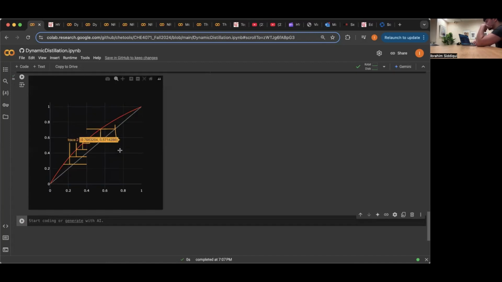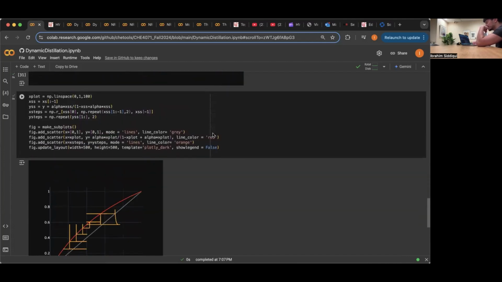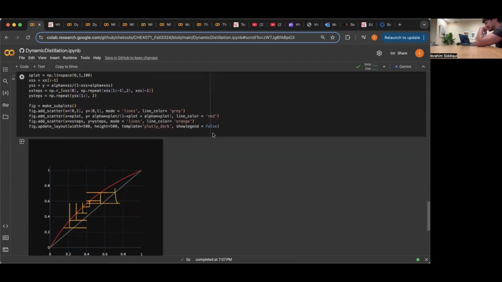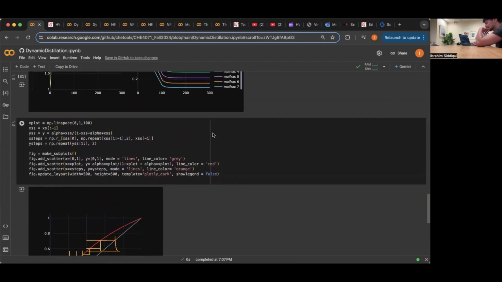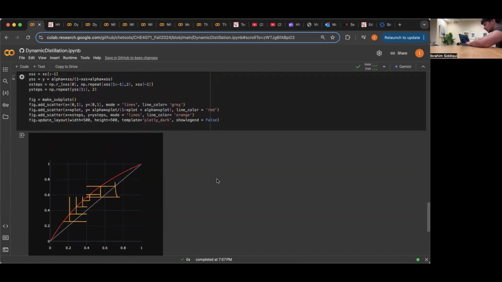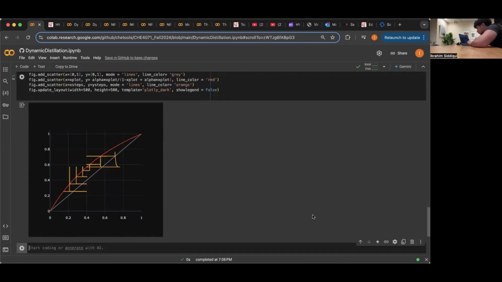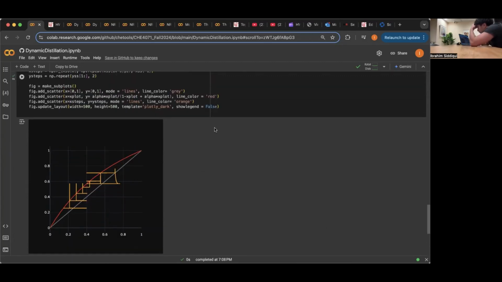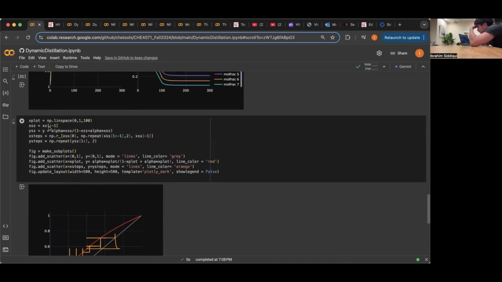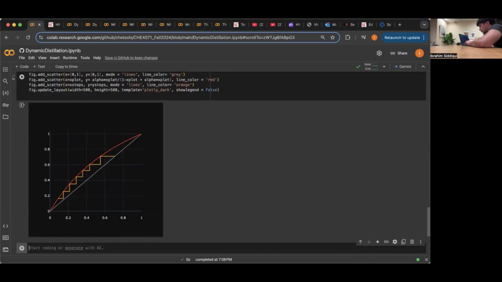Hopefully... no, that is not a stepwise function. Oh man, something is definitely wrong. That's real weird. So let's go ahead and see what mistake we made for this. Okay, so I realized the mistake I made. There is actually a comma here. So let's go ahead and hopefully that's what we wanted.